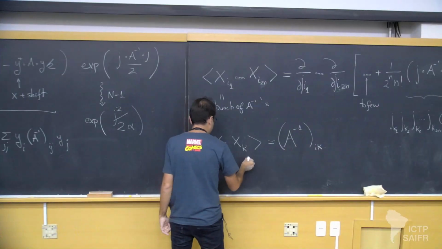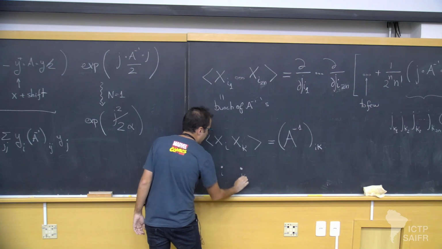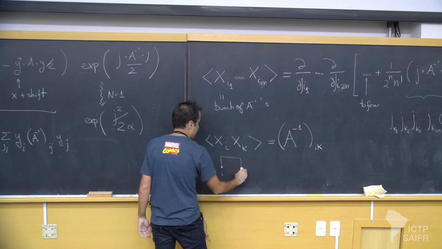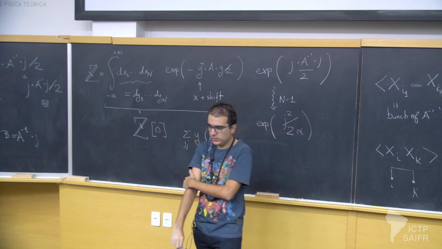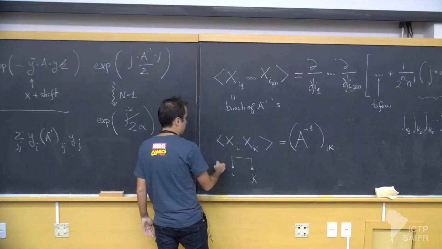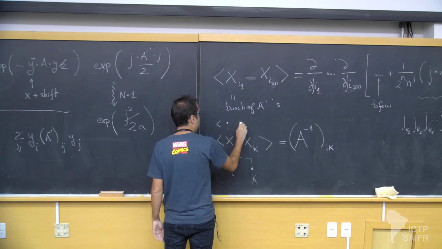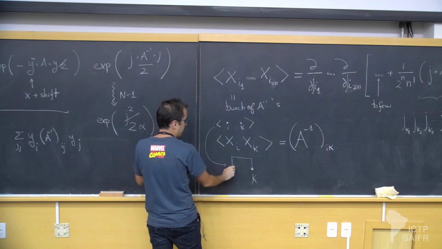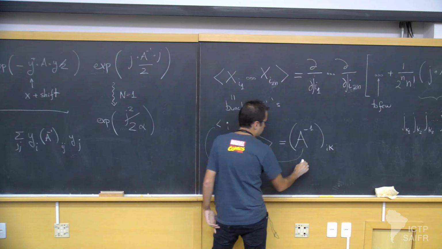Now, in pictures, sometimes we draw a picture like this. I have i and k, and I'm computing a correlation of these two, and I join them. This is just a cartoon. We think of this as the expectation value of point i and point k. We draw it like this, and say that the outcome of computing this is connecting i and k, and the connection is this inverse matrix that is called a propagator.